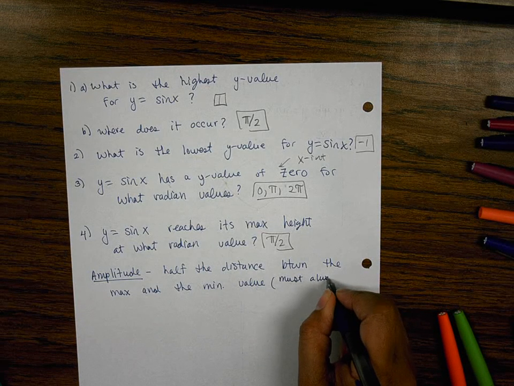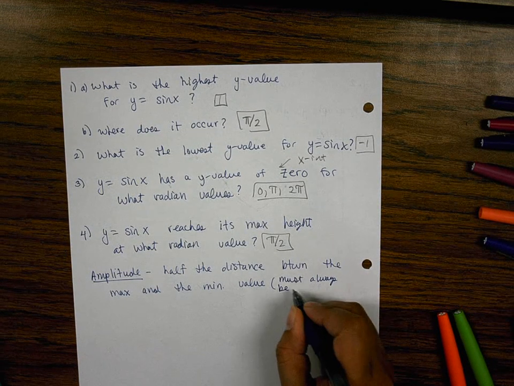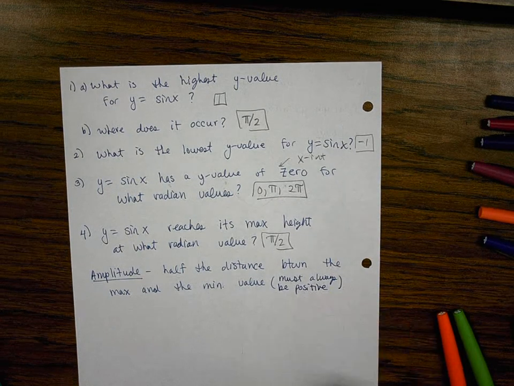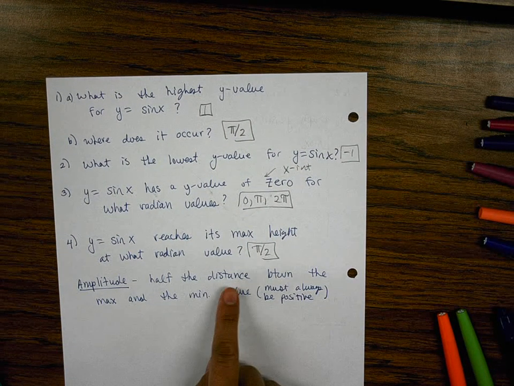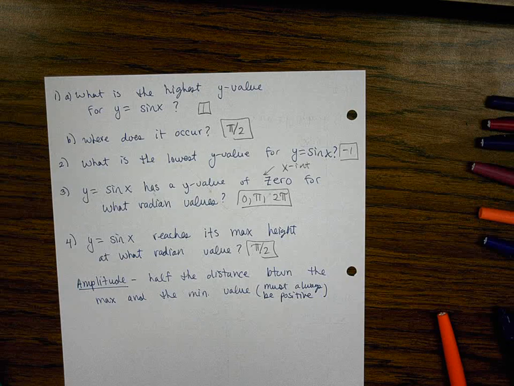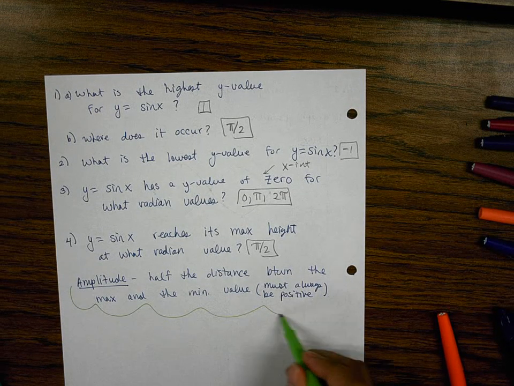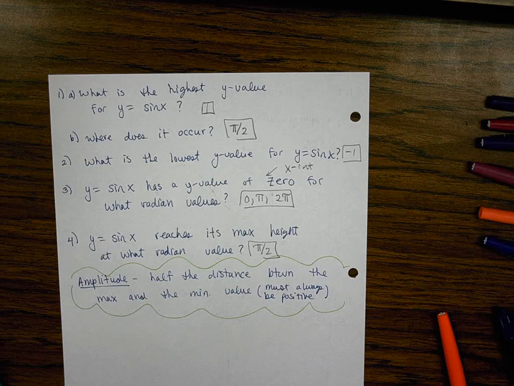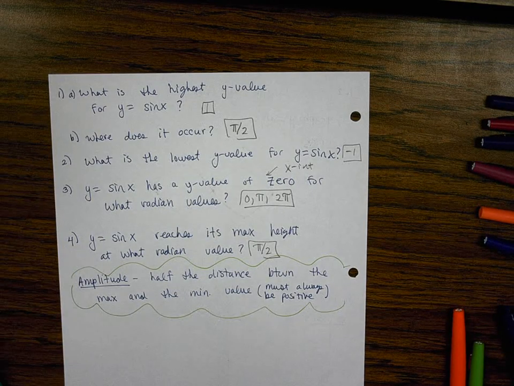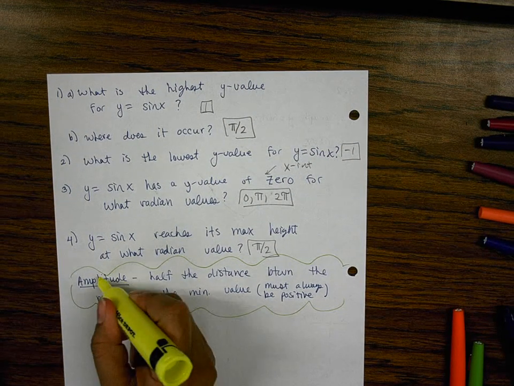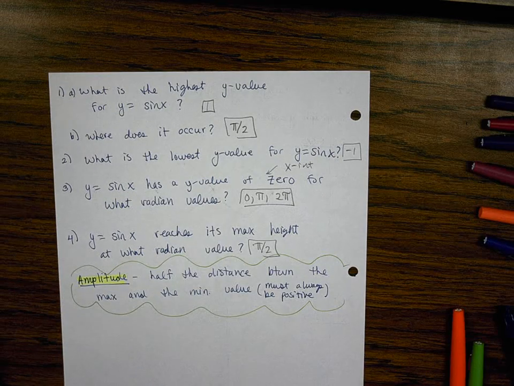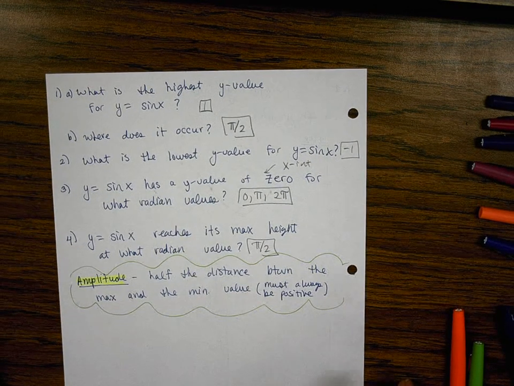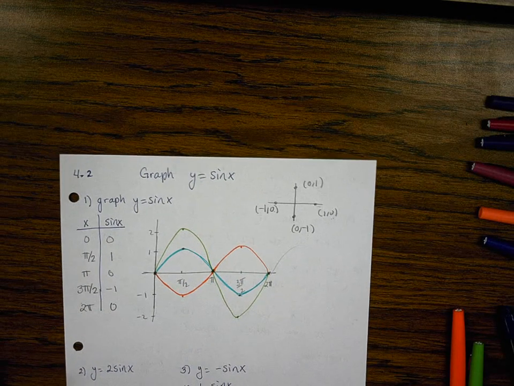In parentheses, it must always be positive. Your amplitude is always positive. Why? Because it's a distance, and distance is always positive. All right, I'm going to bubble that in. Amplitude, you do need to know what amplitude is. Half the distance between the max and the minimum value.